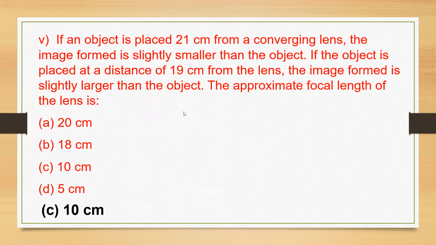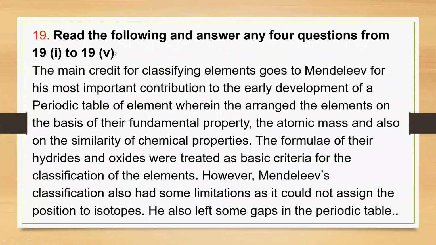Next, move to the 19th one. Read the following and answer the 4 questions from 19.1 to 19.4. The main credit for classifying elements goes to Mendeleev for his most important contribution to the early development of the periodic table of elements, wherein the elements were arranged on the basis of their fundamental property, the atomic mass, and also on the similarity of chemical properties.